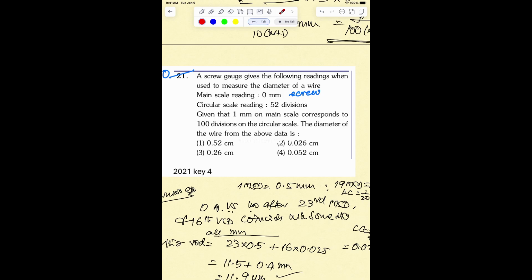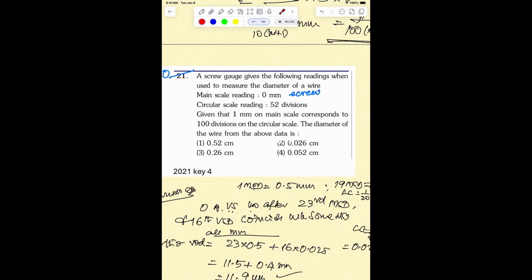You will not find 0.1 in the screw gauge. 0.5 mm is generally what you would find.